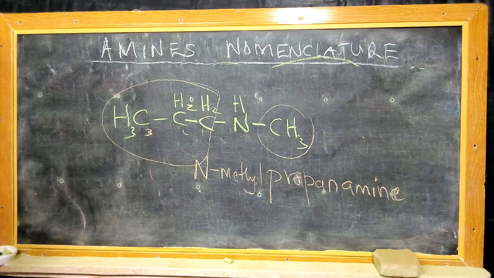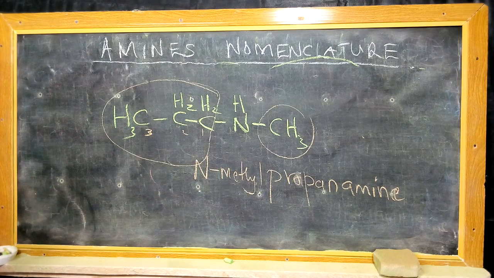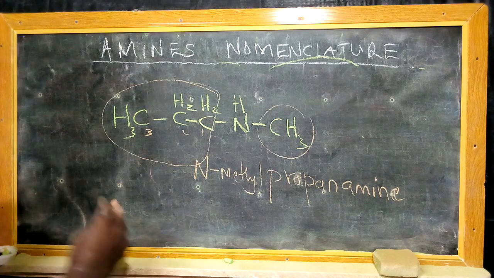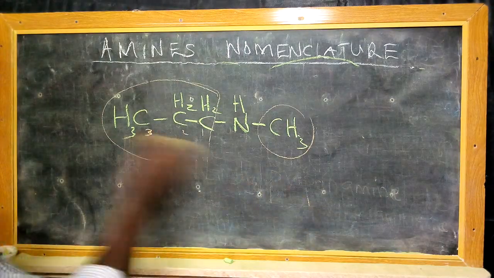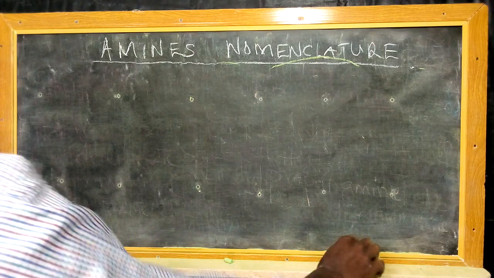For this particular case, we shall look at some cases where we use this, but there's a rule that we use N to make the name of this particular class of organic compounds, the way we have just demonstrated. So we shall look at a cyclic member of this class of organic compounds and see how it is named as well.